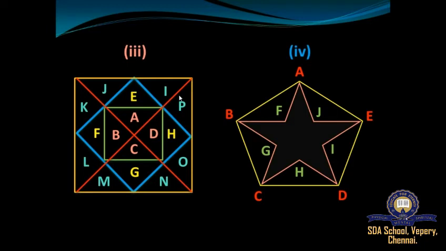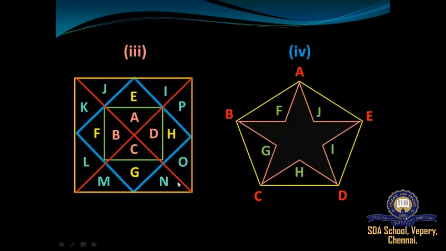Now I am going to take the combination of 4 triangles. When I combine I, J, E and A, I get one triangle. When I combine B, K, F, L, I get one triangle.